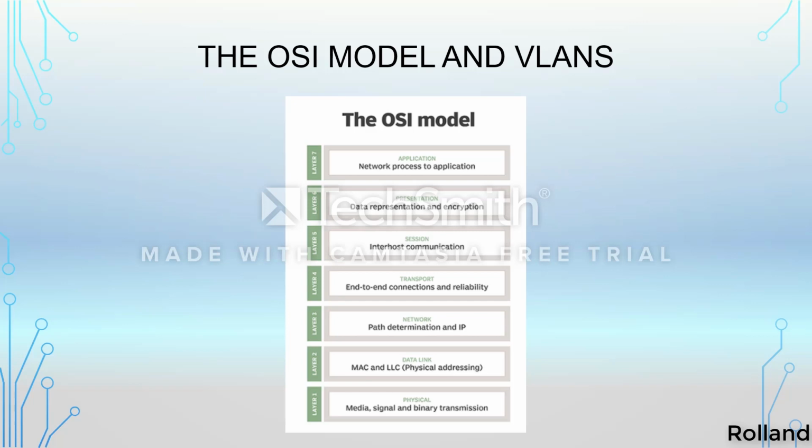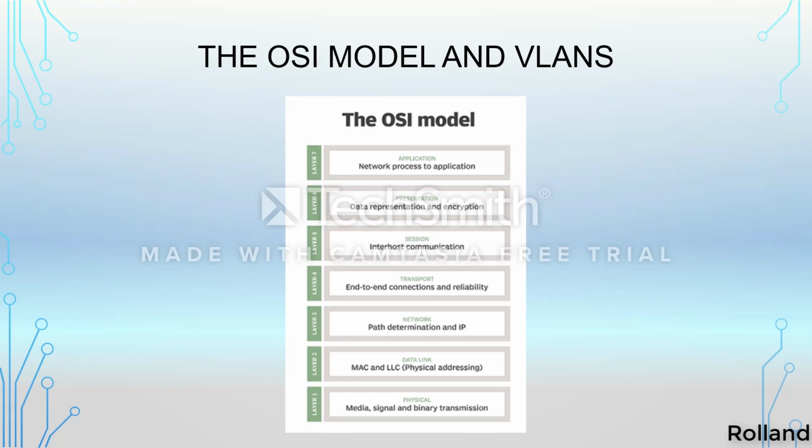Next, we have the session layer, which is layer 5. This layer establishes, manages, and terminates connections between applications. The transport layer provides transparent transfer of data between end systems or hosts and is responsible for end-to-end error recovery and flow control. It ensures complete data transfer.